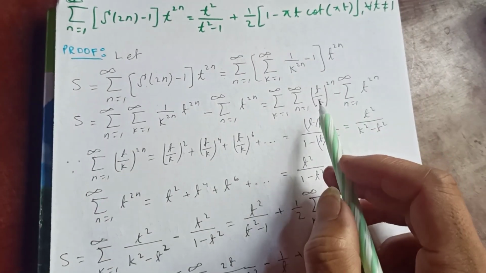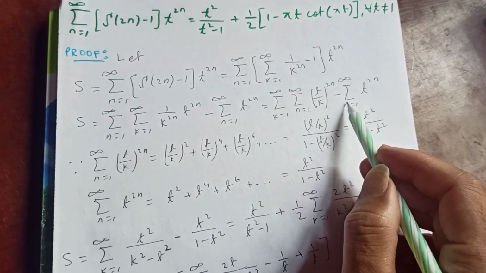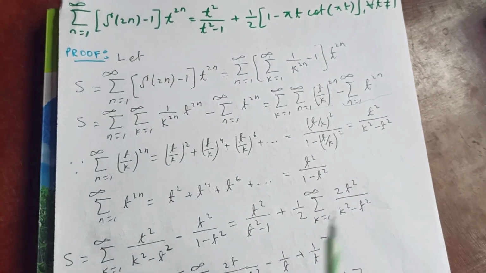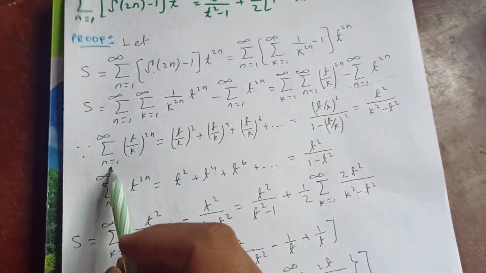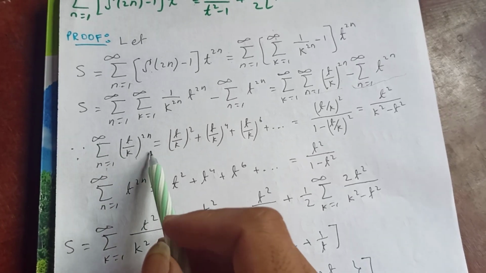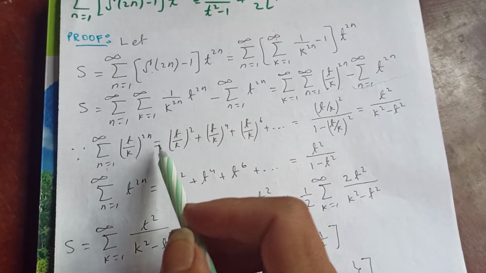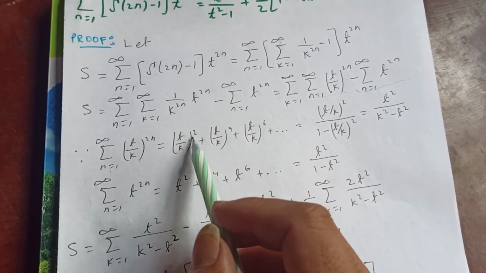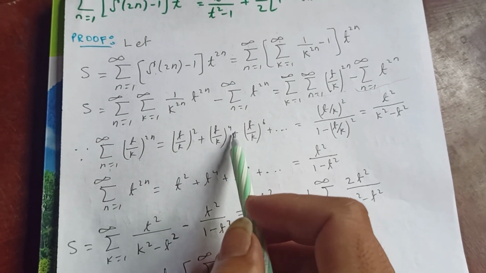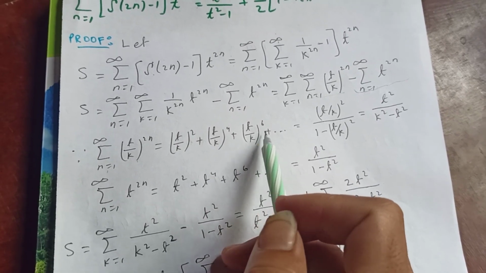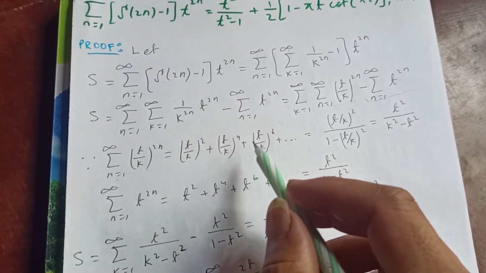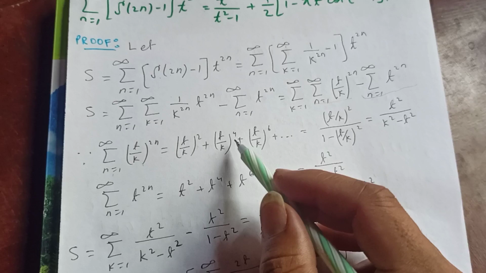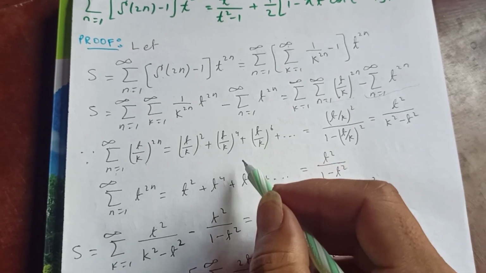Now let's see these two summations, this and this, okay? Now the sum from n equal to 1 to infinity t upon k to the power 2n is nothing but, if you expand this summation, you get t by k whole square plus t by k whole 4 plus t by k to the power 6 plus and so on. And if you see this carefully, this is nothing but a GP, right?